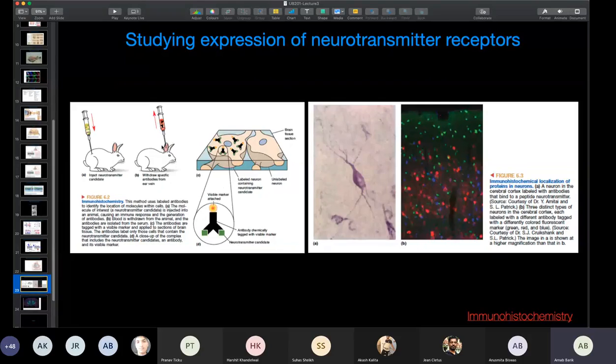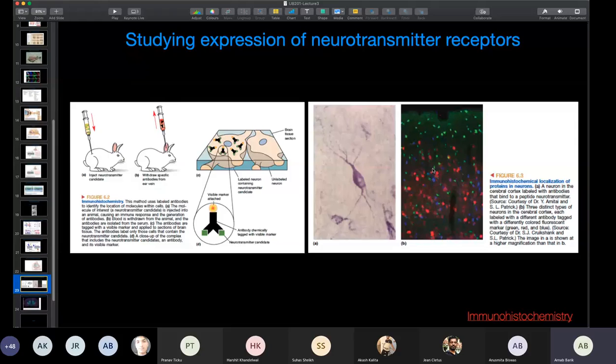What it shows here is that you take the neuroproteins, the neurotransmitter, you purify them, you inject them in a rabbit or a mouse or a rat, they generate antibodies, you purify them, then you conjugate them with fluorescence, which will be another antibody, or another, horseradish peroxidase. But anyway, you can visualize them in situ, which means you can look at them on the tissue.